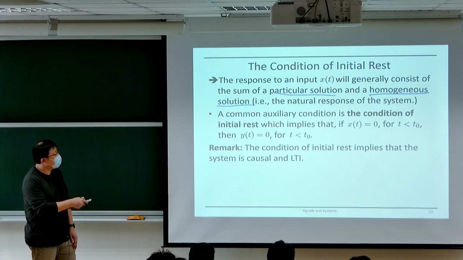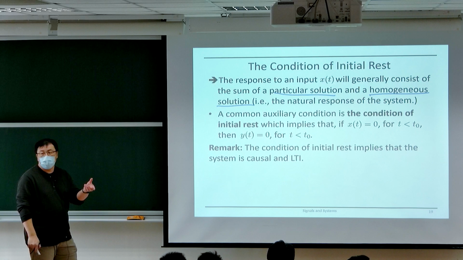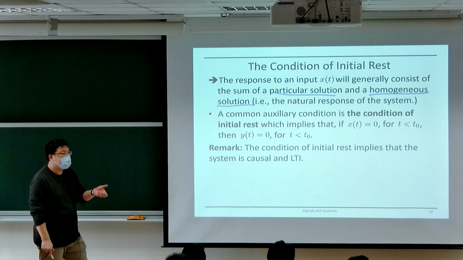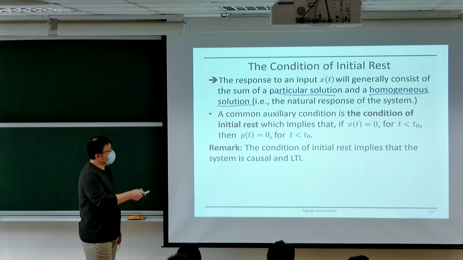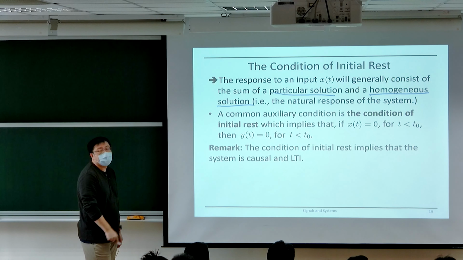One condition we often use is the condition of initial rest, which corresponds to the property of a causal system. So for a causal system, if the input does not arrive until time t naught, then the output should also be 0 before time t naught.